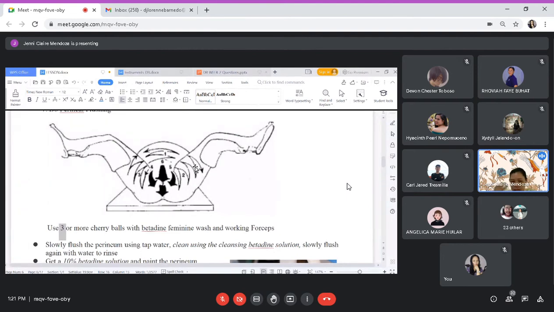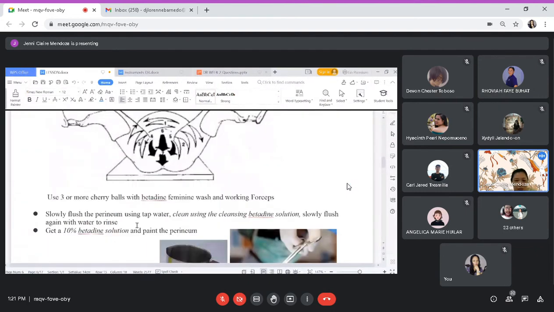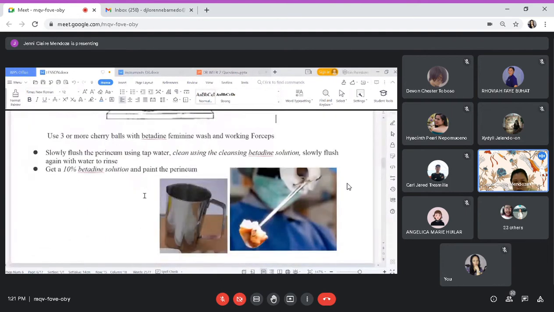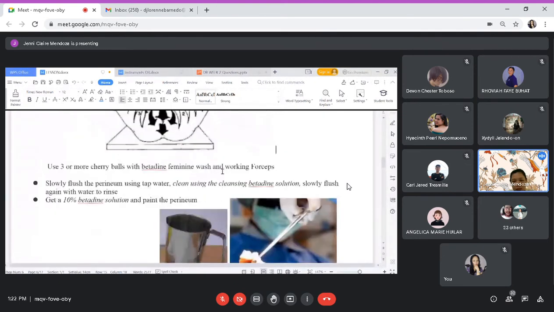But if it really needs more cleaning, you can use 3 or more cherry balls. Okay, so flush the perineum with water. We use the cleansing betadine solution using this stroke. After that, you slowly flush the perineum again with water, that is the 2nd rinse.